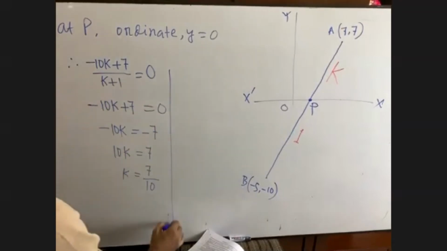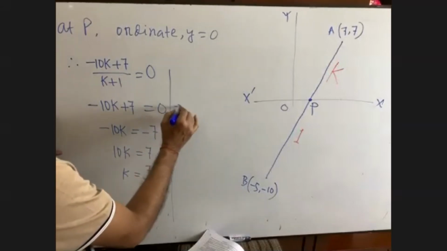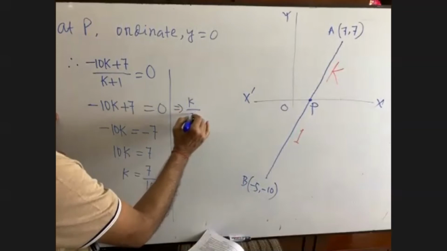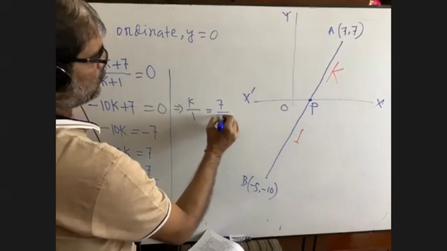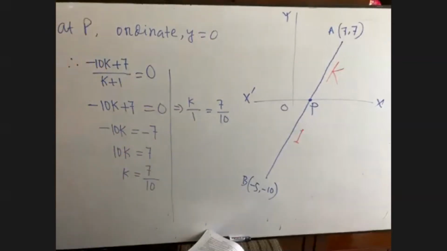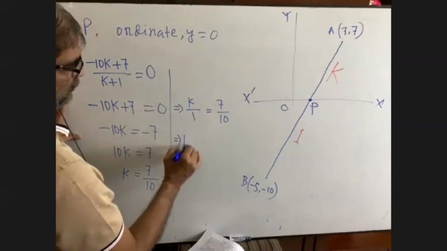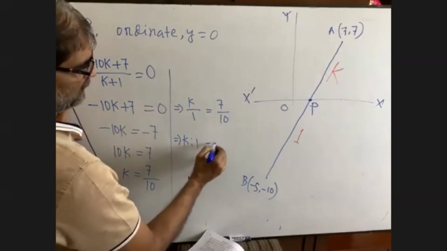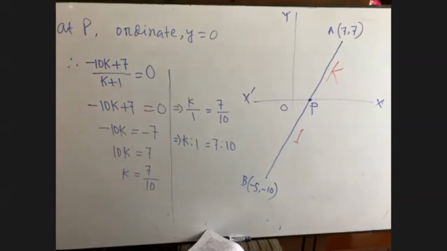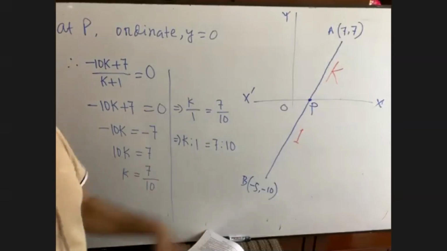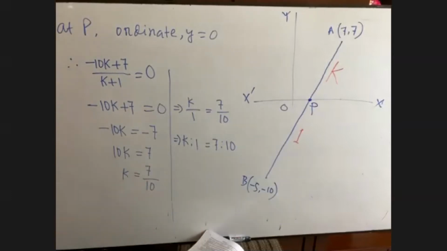Now please let me know what is k. Actually k is nothing but k by 1, that is 7 by 10. Talk to me please, all of you. So k by 1 means k is to 1, it is 7 is to 10. So we have got our answer: 7 is to 10. If anybody would take k here, his answer would be 10 is to 7.